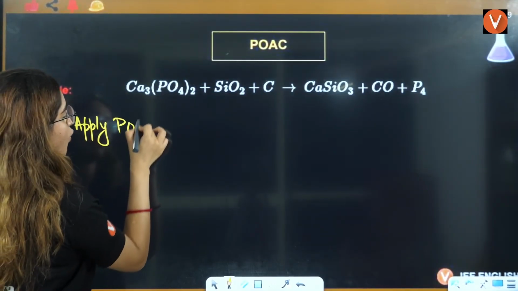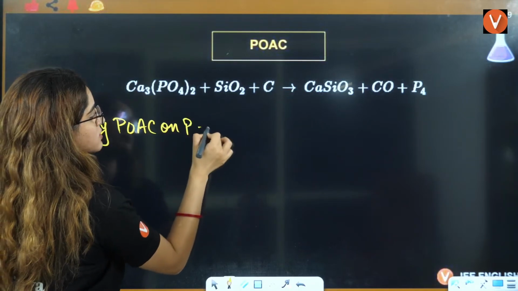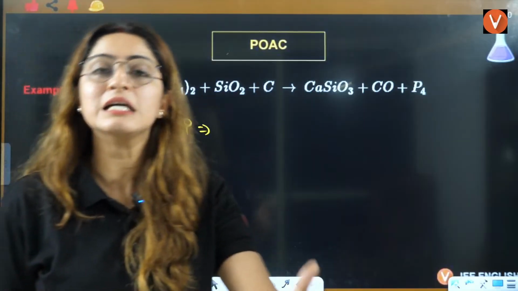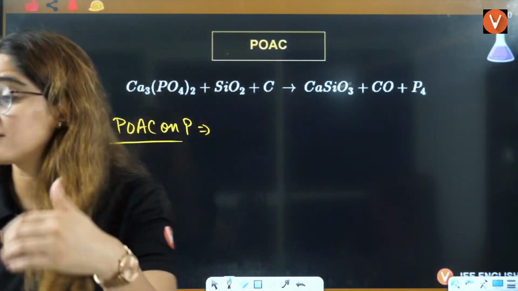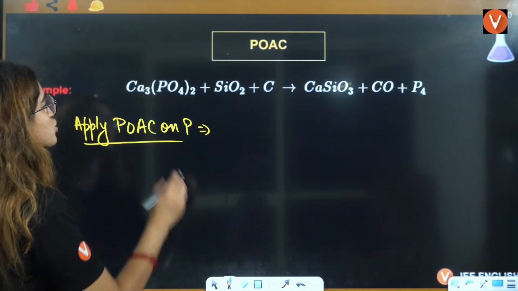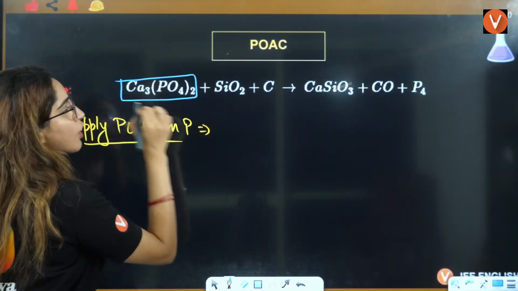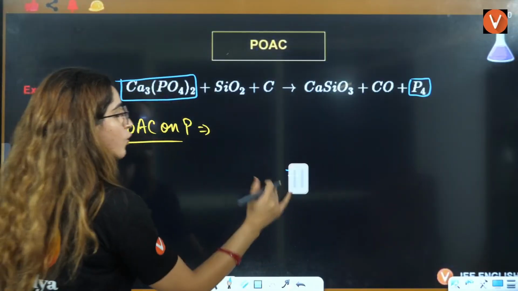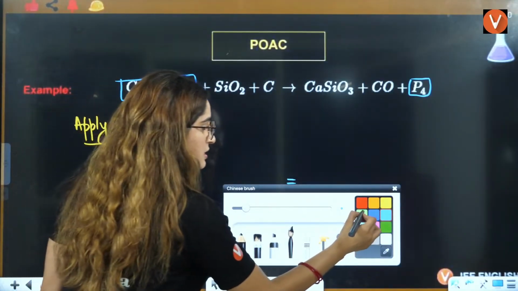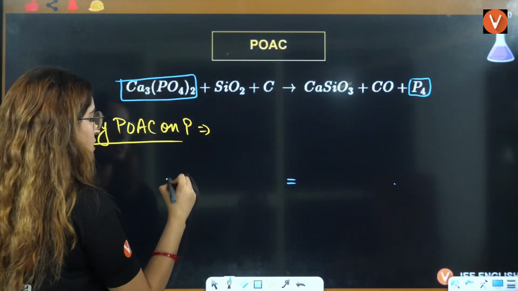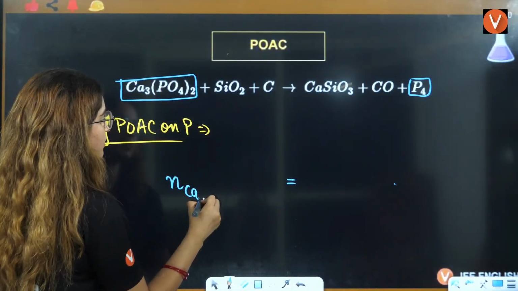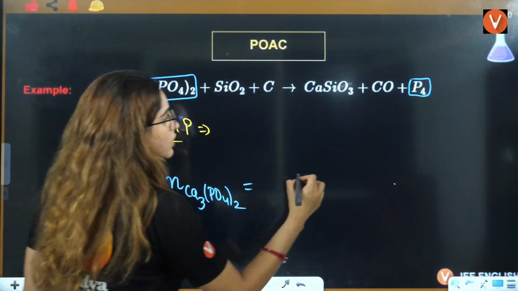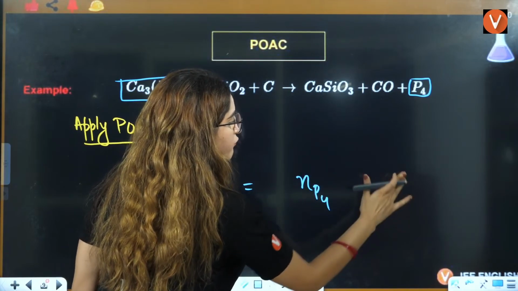Apply POAC on phosphorus. So when you have to apply POAC on phosphorus, you have to select the compounds that have phosphorus in it. So phosphorus is present here, phosphorus is present here. So now over here, how do you write? This is simply number of moles of Ca3(PO4)2 equals number of moles of P4.